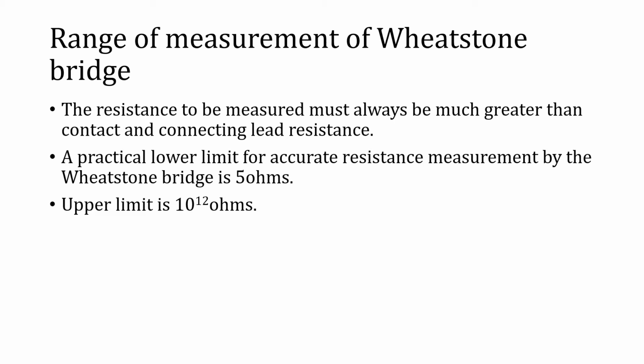That means we cannot use the Wheatstone bridge for the measurement of very low resistance and also very high resistance. To overcome these two difficulties, we go for another type of bridge used for the measurement of very low resistance, that is Kelvin's double bridge.